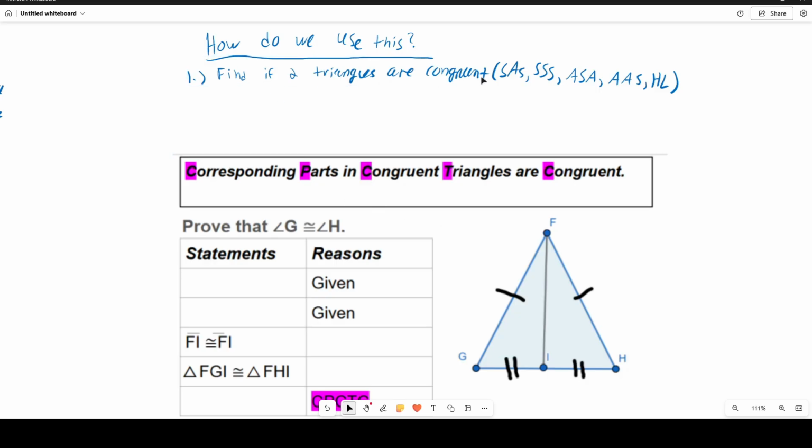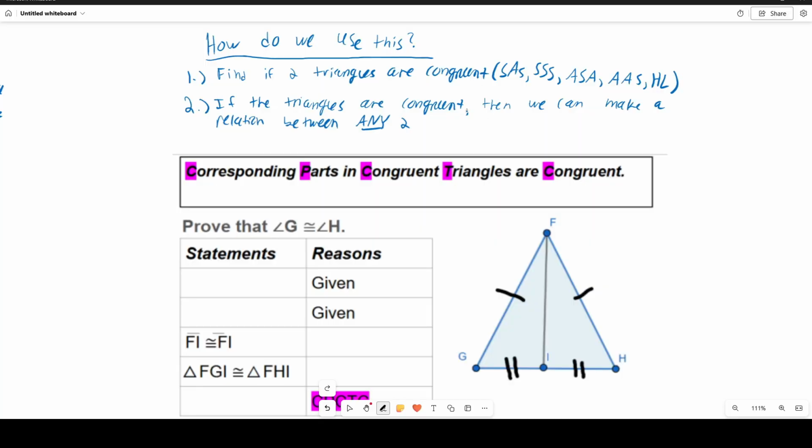Well, step one, if we have congruent triangles, then step two is if the triangles are congruent, then we can make a relation between any two corresponding parts.